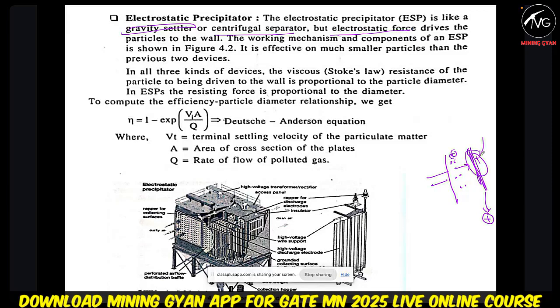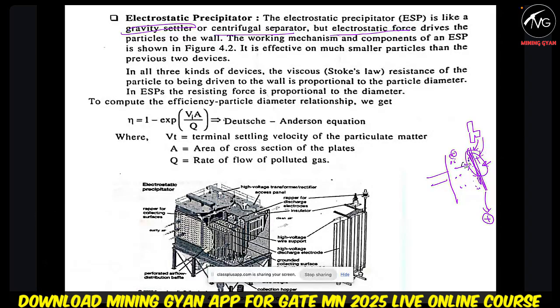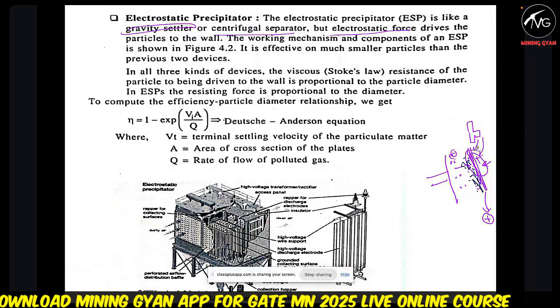So when you use a hammer or any instrument, it will stick to this wall. If you hit it once or twice with a hammer, the particles will fall down and you will collect all the material.